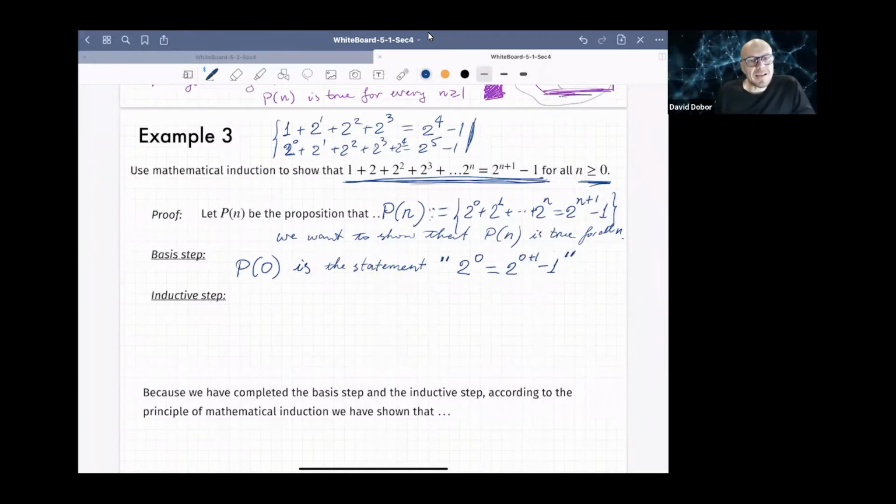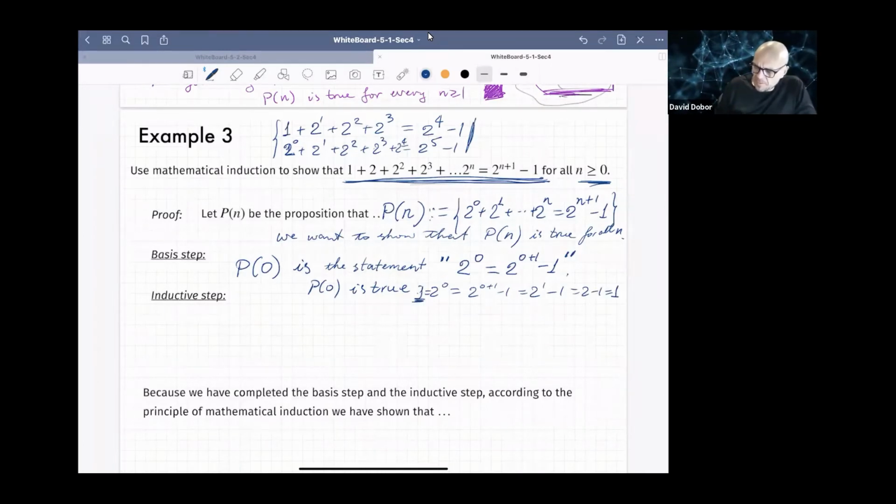Now the question is, is that statement true? And the answer is yes, P of 0 is true, of course, because 2 to the 0 is 1, and 2 to the 0 plus 1 minus 1 is 2 to the 1 minus 1, which is 2 minus 1, which is 1.